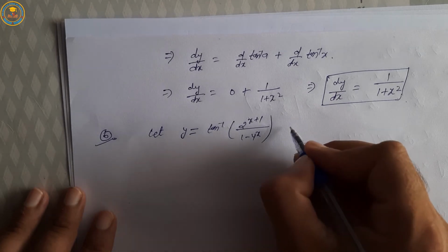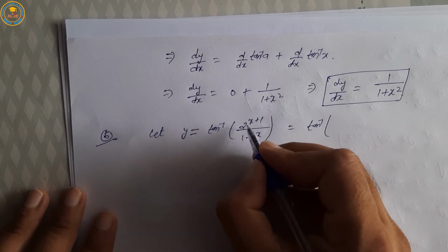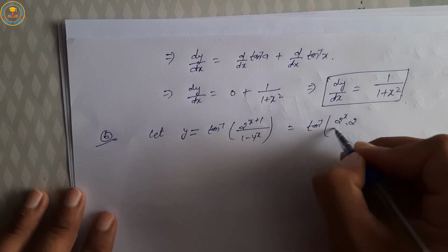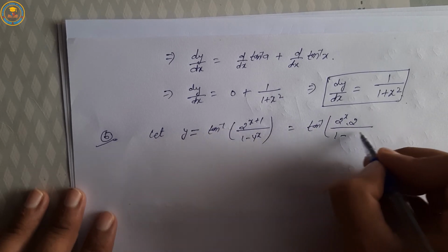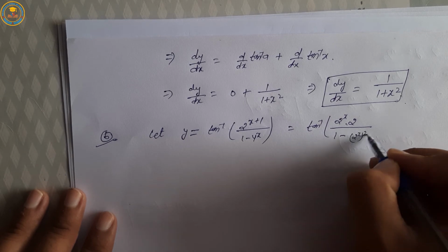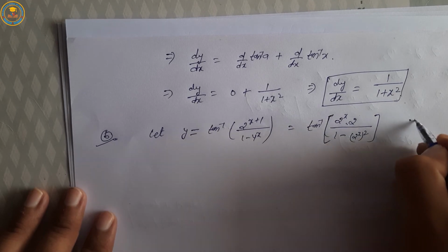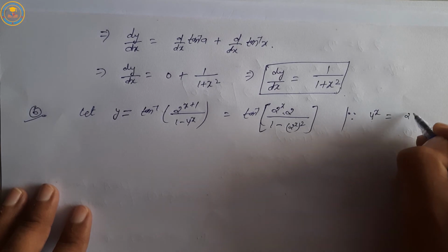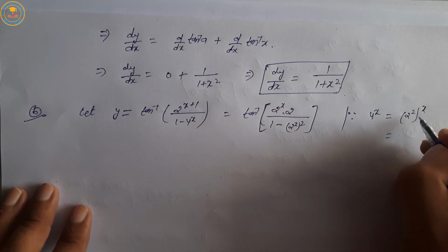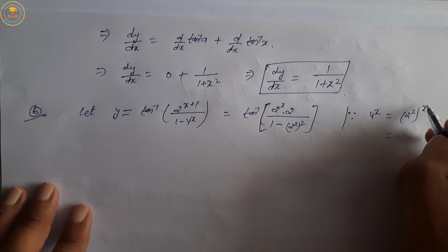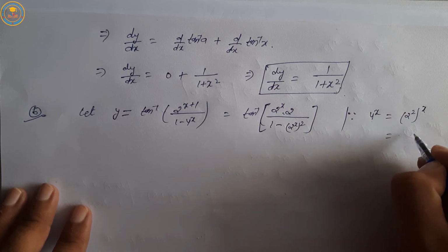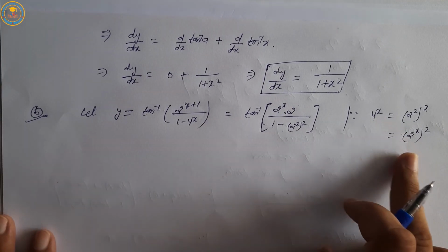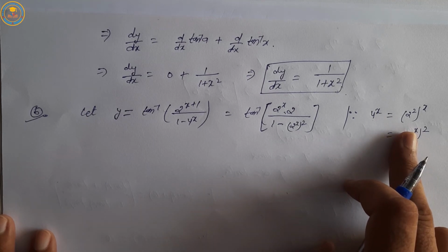This is tan inverse of 2 power x into 2 power 1 upon 1 minus 4 to power x, because 4 power x is equal to 2 power 2 to the power x, that is, 2 power x whole squared. Powers multiply: 2 power x times 2 is 2 power 2x.